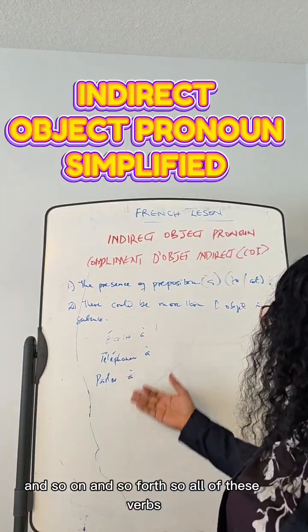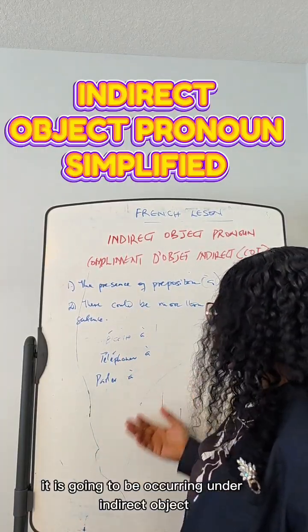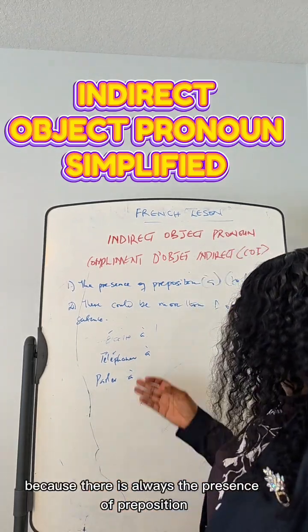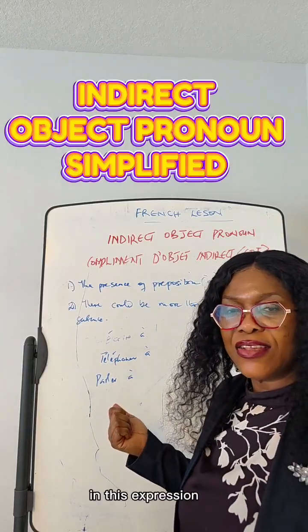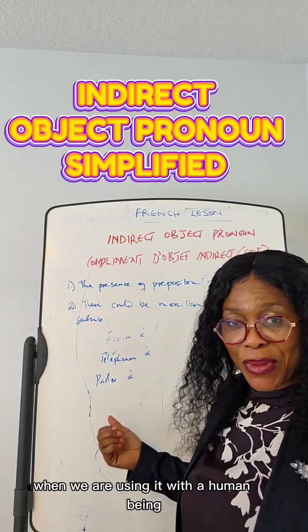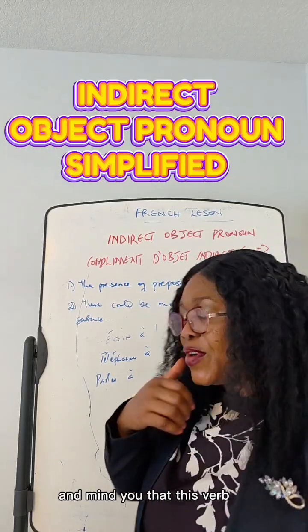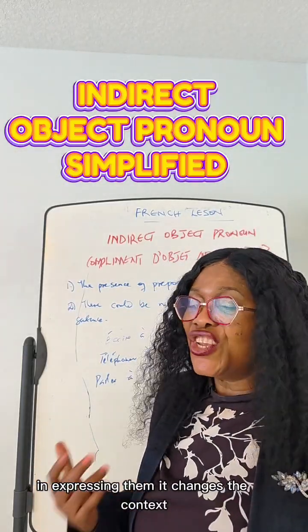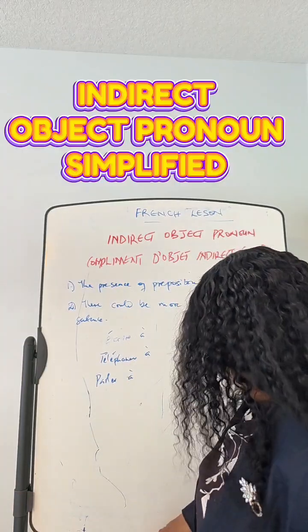So all of these verbs, when you use them with a human being, occur under the indirect object pronoun because there is always the presence of the preposition in this expression. And mind you, if you use a direct object pronoun with these verbs, it changes the meaning of what you're trying to say.